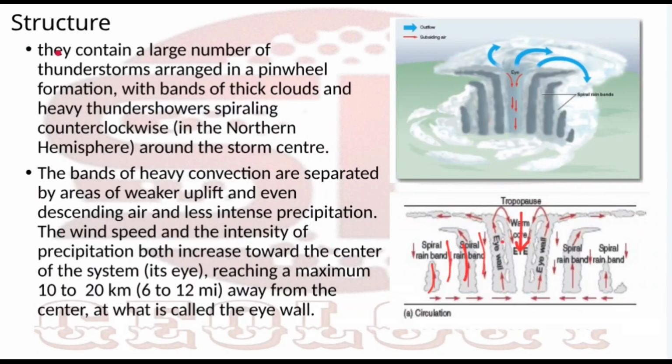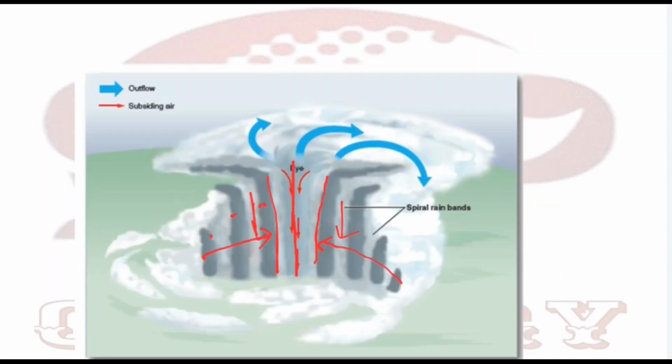It contains a large number of thunderstorms arranged in a pinwheel pattern, with bands of thick clouds. The wind speed and the intensity of the precipitation both increase towards the center of the system. They reach a maximum at the eye wall. At the eye, actually, there is no wind.